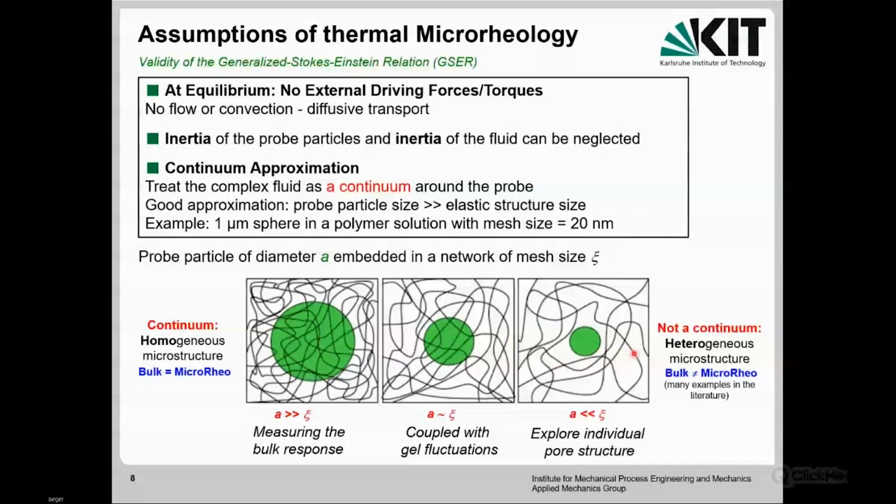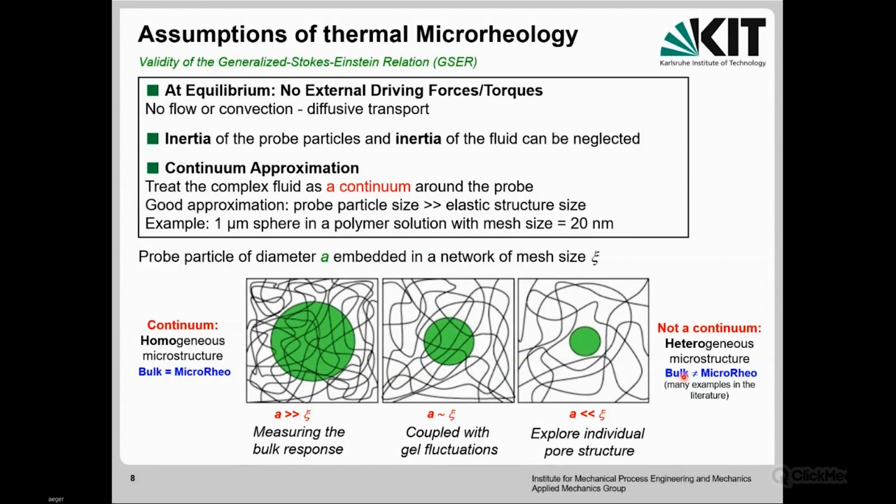So here you have not fulfilled the continuum approximation. This is typically what can happen when you are dealing with quite heterogeneous samples, where you can have large pores and other regions which are highly elastic. So for heterogeneous samples, microrheology gives different results than bulk rheology. This is very important to know.